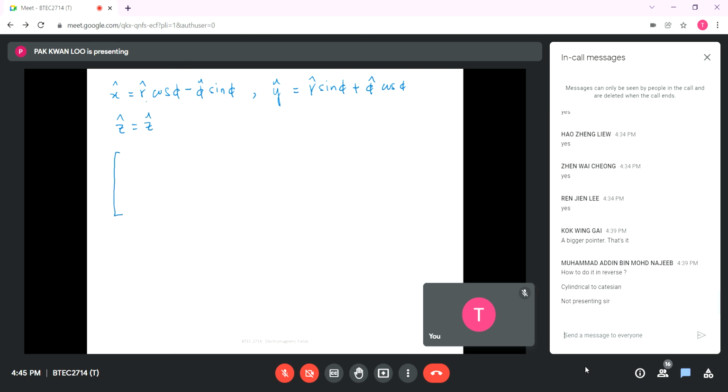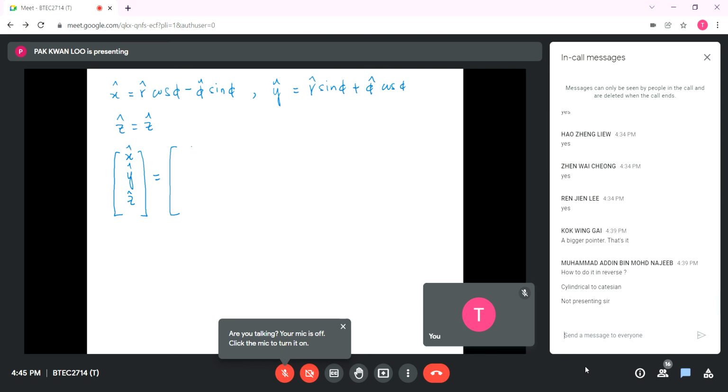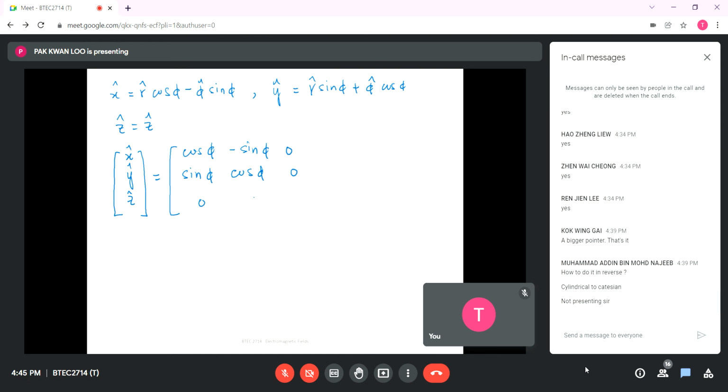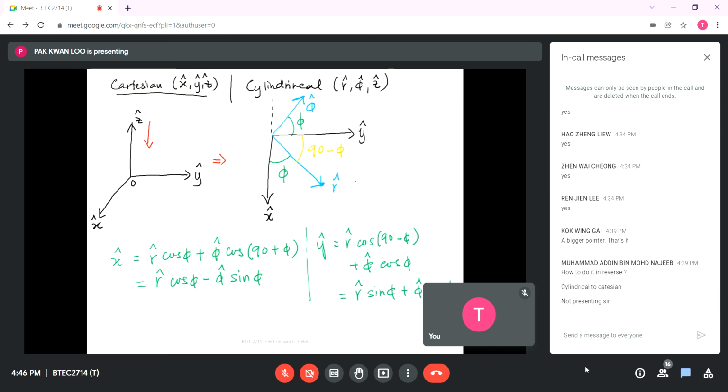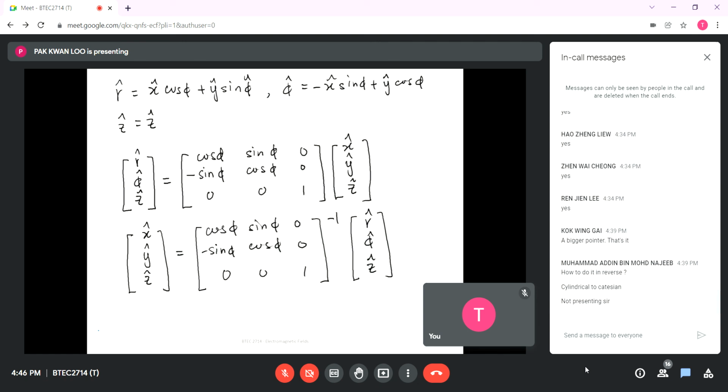Again, we can represent this in matrix form: cos phi, minus sine phi, 0; then sine phi, cos phi, 0; 0, 0, 1. So this is r cap, phi cap, z cap. Try to compare your answer by doing this inverse here.